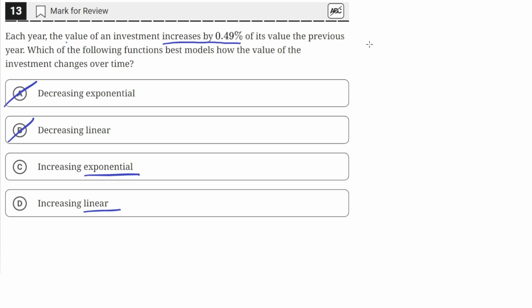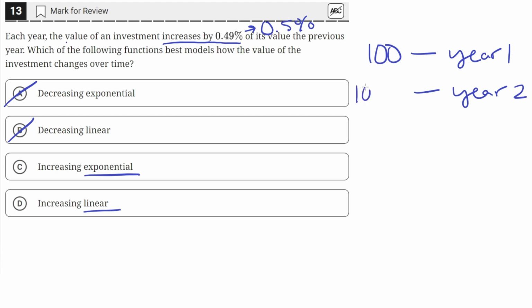So say you had $100, and let's just round this to 0.5% to make the numbers easier. Say you had $100 in year 1. Then in year 2, you would have $100.5.